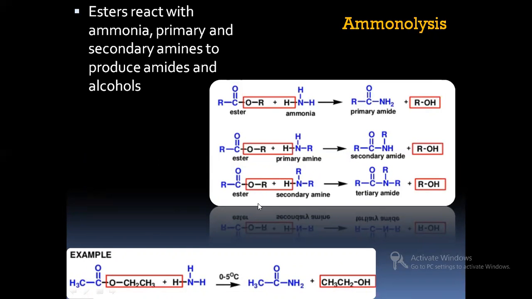In the third equation, an ester reacts with a secondary amine to give a tertiary amide. And this is an example. I guess it is ethyl acetate, because you have CH2CH3 and one of the CH3 groups here.